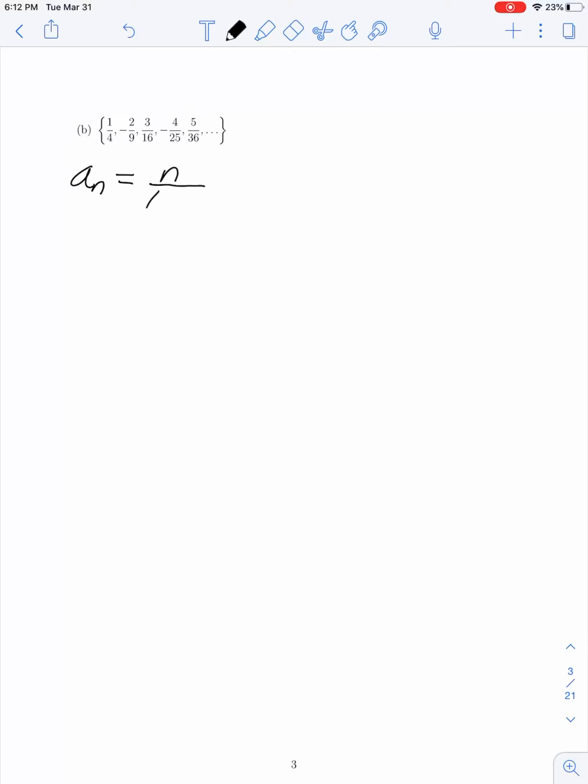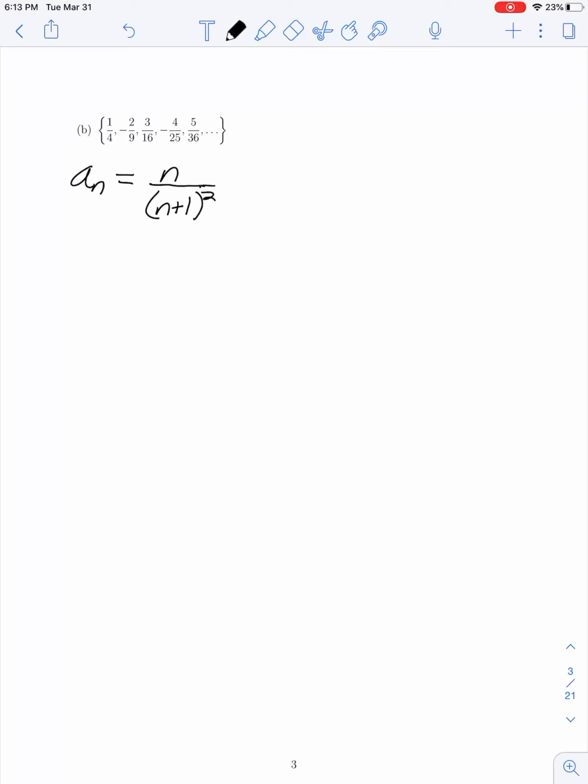That denominator for my first term is 2 squared. For the second term, 3 squared. The next term, 4 squared, 5 squared, and 6 squared. So in general, we see here that the number that we're squaring for the denominator is always 1 greater than the term in our numerator.